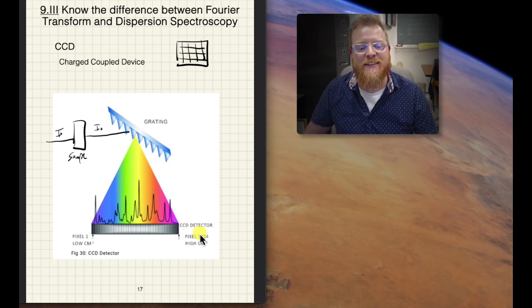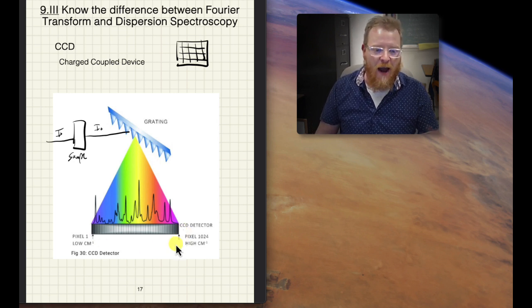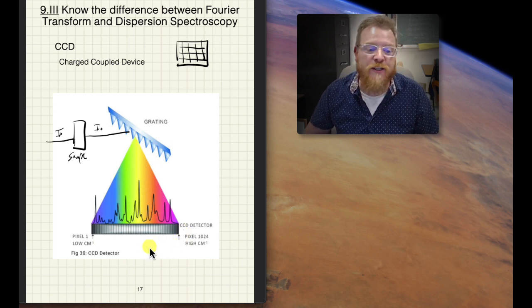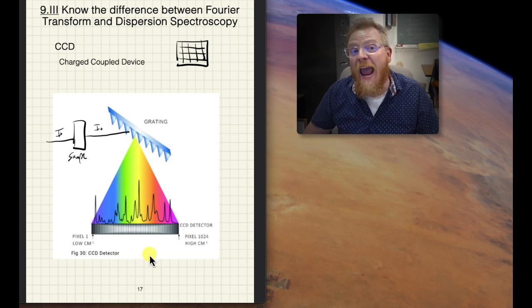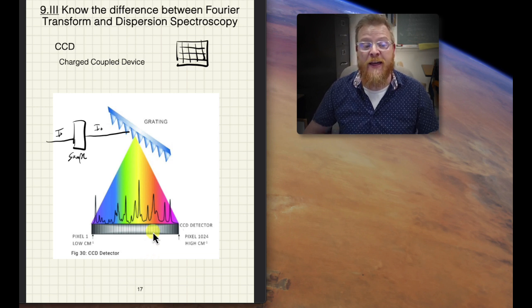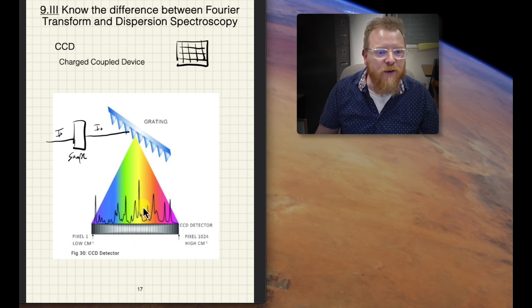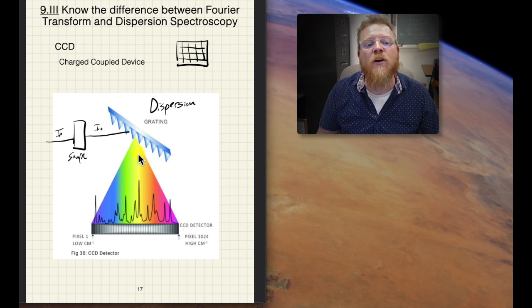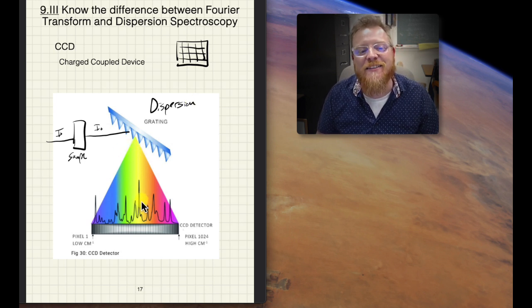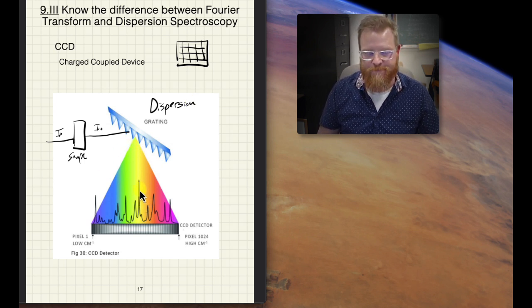However, because these CCDs have many, many pixels that can be arranged for different wavelengths, we can, in fact, measure all of the wavelengths simultaneously. This still is considered dispersion, however, because those wavelengths are still being mechanically separated by the grating.